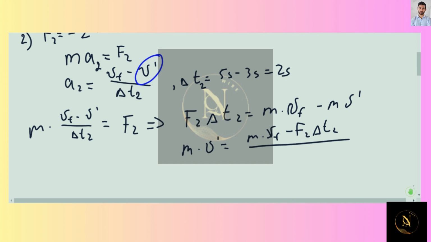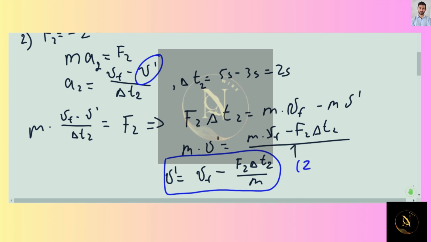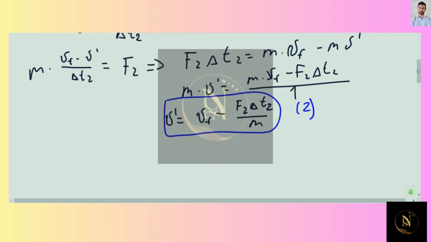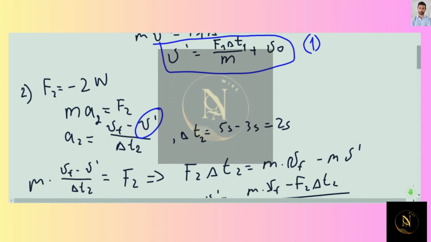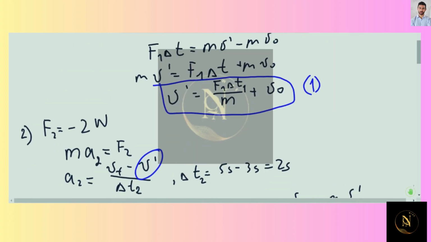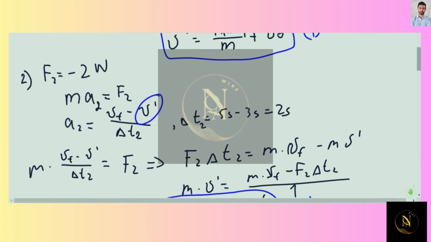Therefore v prime equals final velocity minus F2 multiplied by delta t2 divided by mass. This is our second equation. As we can see, both equations describe v prime, so these equations are equal.